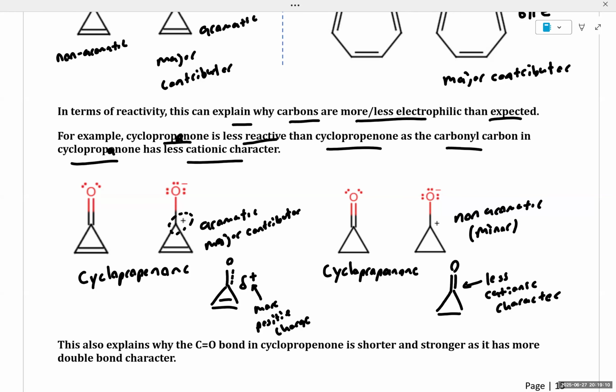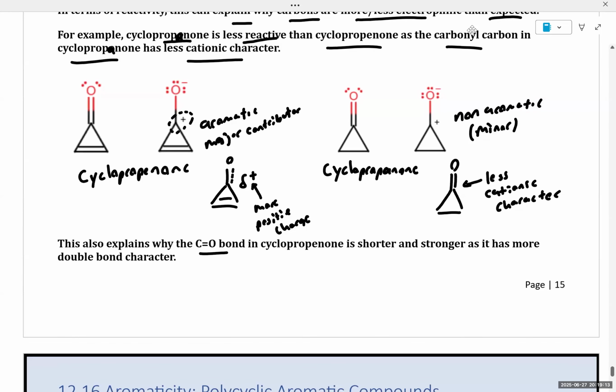So, this also can explain why the CO bond in cyclopropanone is shorter and stronger, as it has more double bond character. Whenever you have an aromatic contributing structure, that has a greater impact on the observed bond length, strength, and charges observed in the resonance hybrid. Because in cyclopropenone, we have this aromatic contributing structure where there's a lot of positive charge on carbon, and this carbon-oxygen bond is longer.